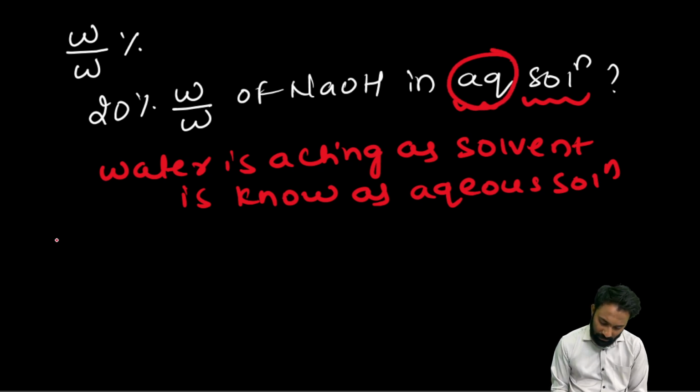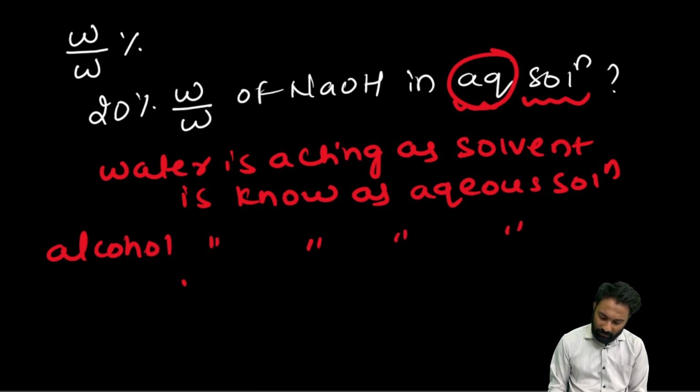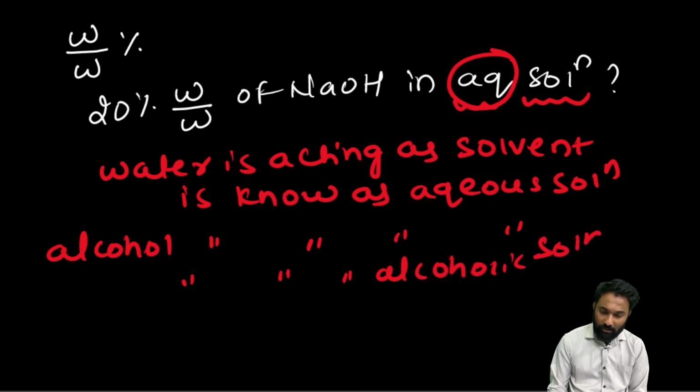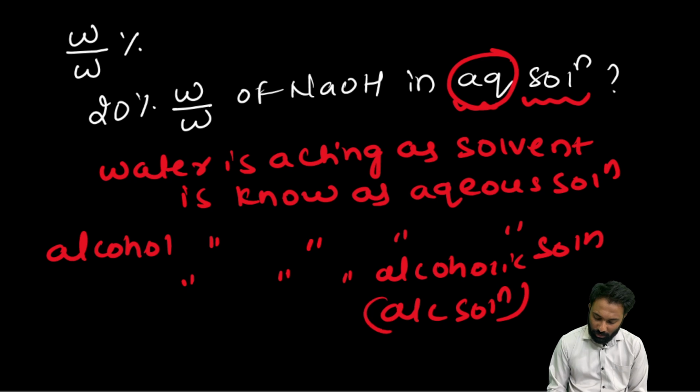Let's suppose if alcohol is acting as the solvent, it is known as an alcoholic solution, and we represent it in this manner. So these two key points you have to remember.